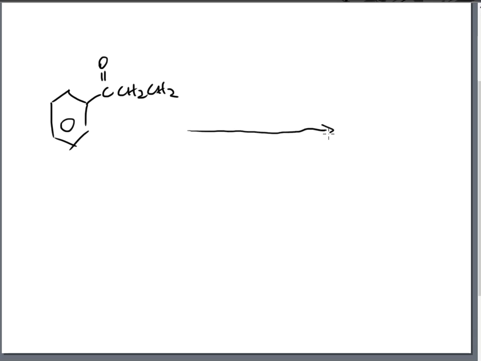We also have another option that is H2 with a little bit of base, with a little bit of heat. This is a special name, and this name is called Wolff-Kishner.